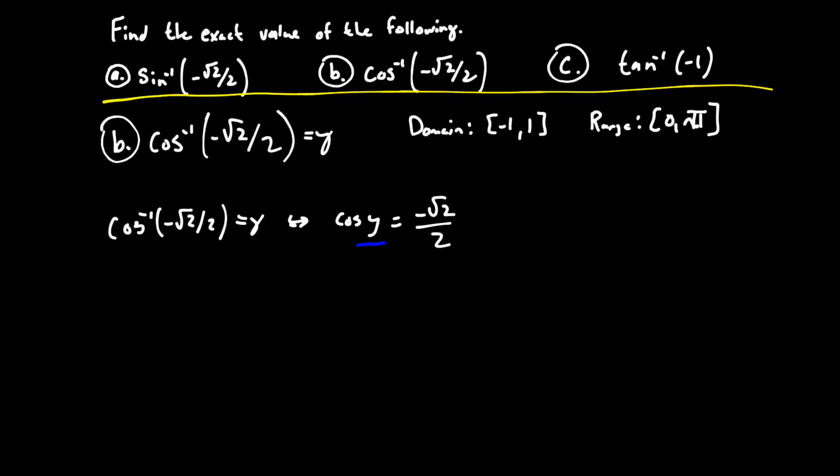Again, our y here is going to be the angle that determines our right triangle. And the values on this hand side tell us what the sides of our right triangle are going to be.